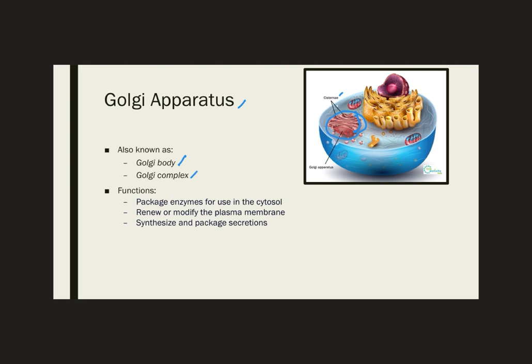And the major functions of the Golgi apparatus are to package enzymes for use in the cytosol, renew or modify the plasma membrane, and synthesize and package secretions. So let's look at all these functions in more detail in the next slide.